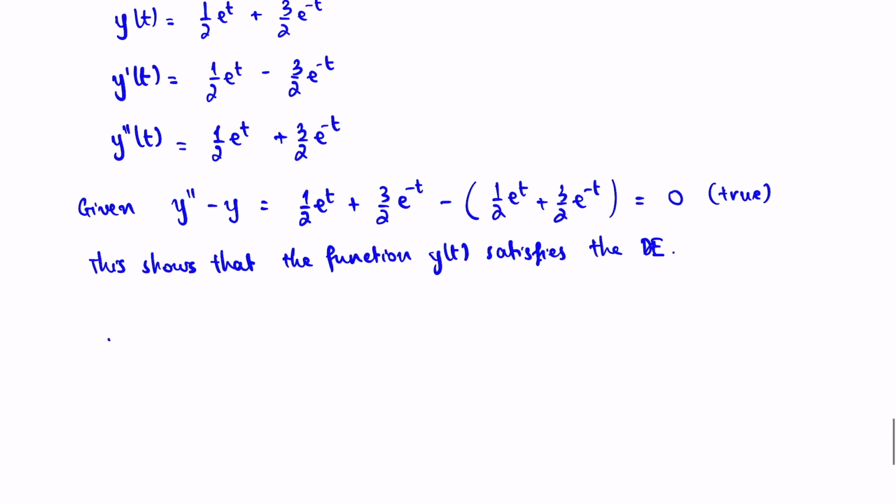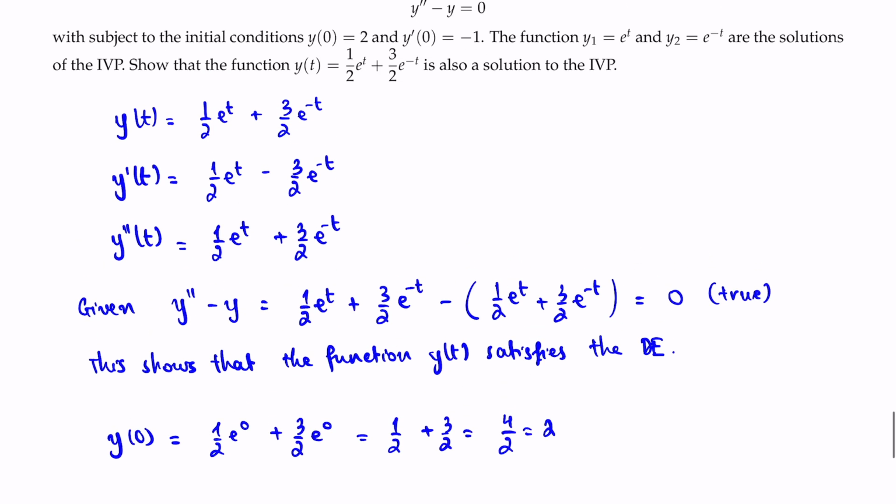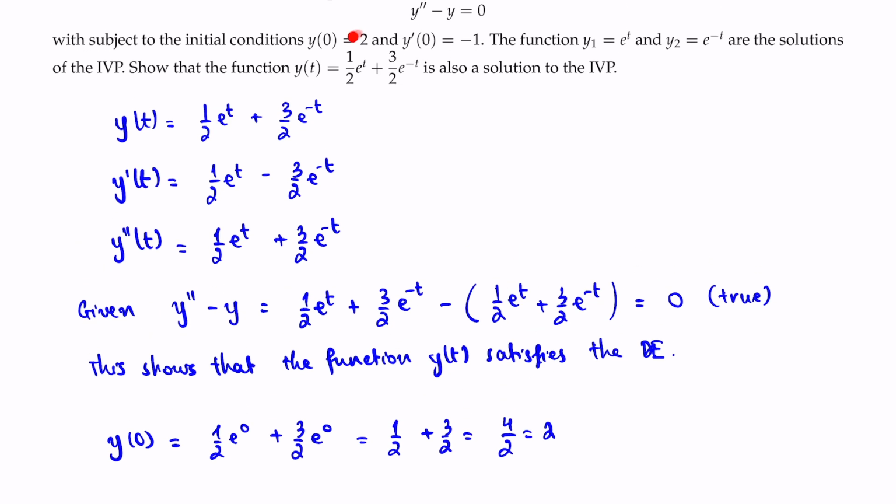Okay, so y of 0 is 1/2 e to the 0 plus 3/2 e to the 0. This gives me 1/2 plus 3/2, which gives you 4/2, or 2 for that matter. And this is also a true statement. So this indicates that the function y of t satisfies the first initial condition. Now for the second initial condition, you have y prime of 0 equal to -1.